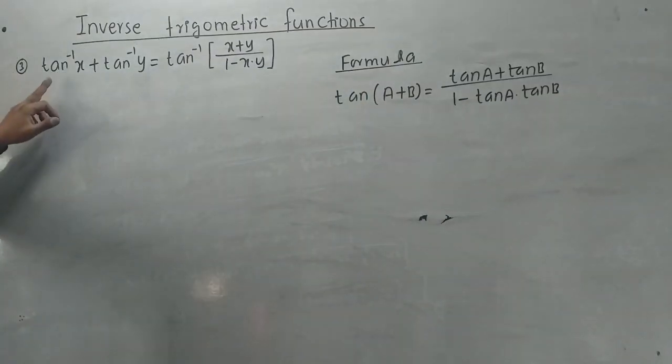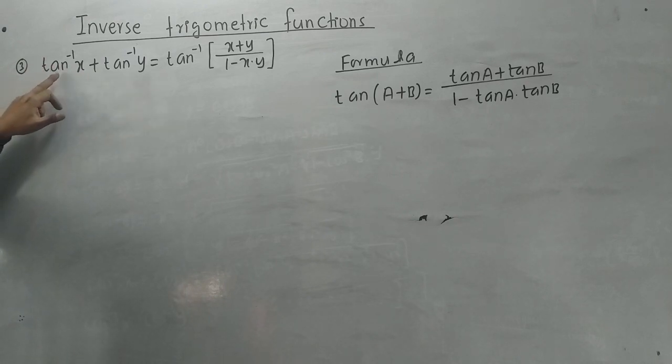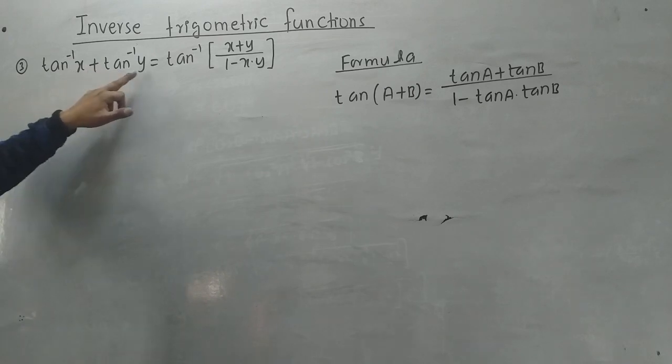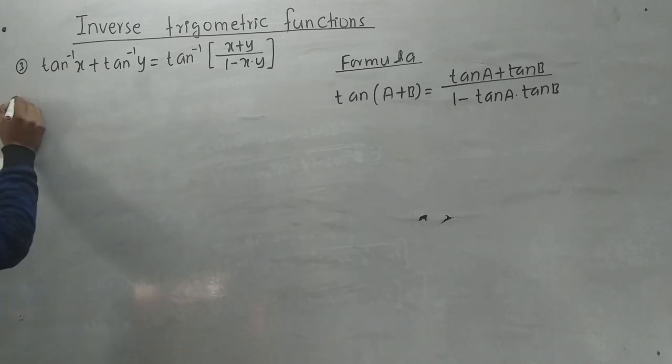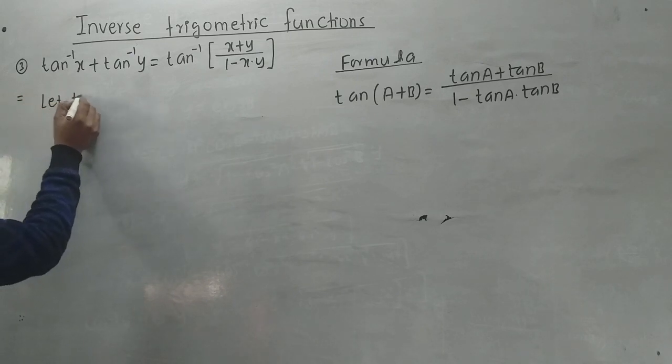After that, tan inverse x plus tan inverse y, and remember here we have two variables, one is x and one is y. So we have to suppose them separately, or you can say individually, as angles A and B.